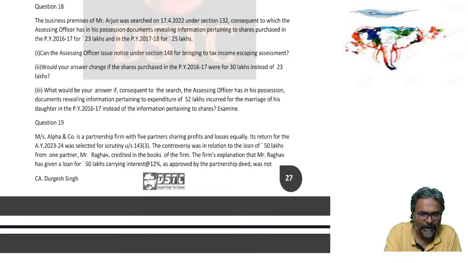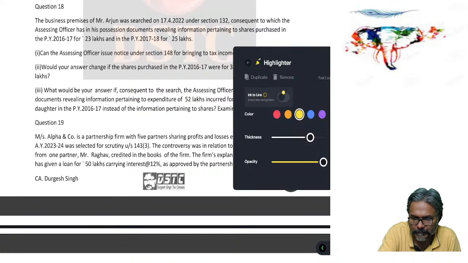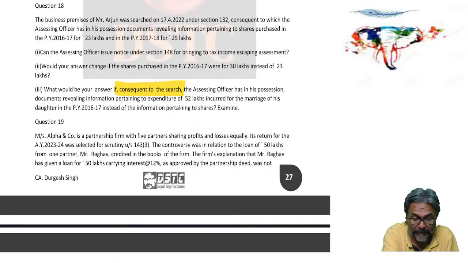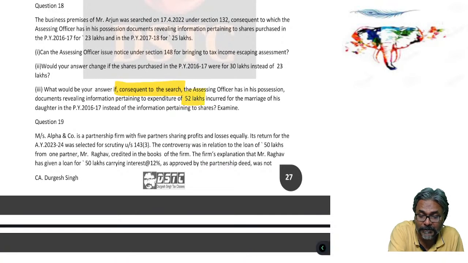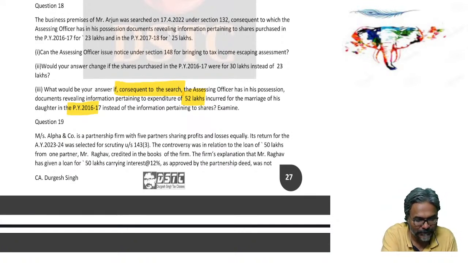And what would be your answer if, consequent to search, the assessing officer has in his possession documents revealing information pertaining to expenditure of 52 lakhs incurred for marriage of his daughter in previous year 16-17 instead of information pertaining to shares? So these are the aspects in this regard, students.